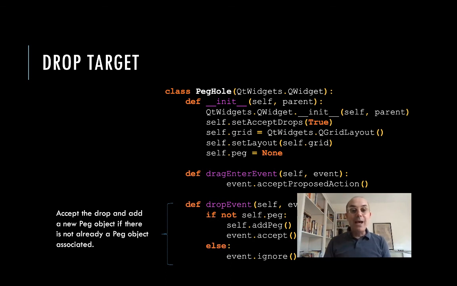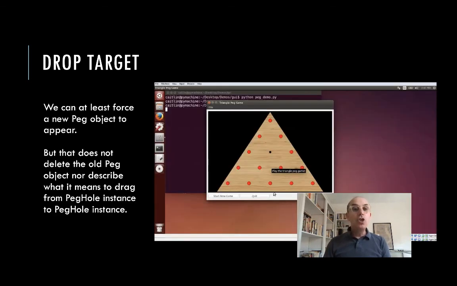So we accept the drop and add a new object if there is not already an object associated with it. So now we can at least force a new object to appear, but it does not delete the old object, nor describe what it means to drop from one instance to another instance.